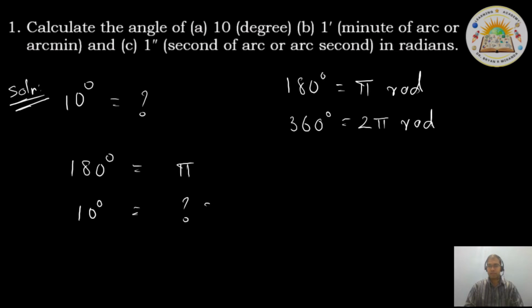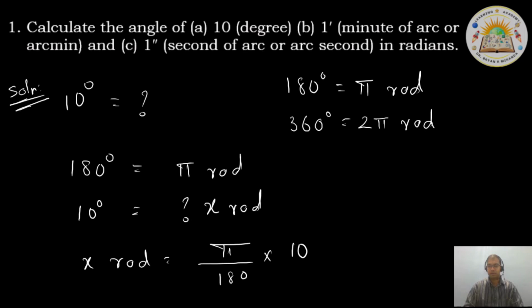If I take this as x radian, then x radian would be equal to pi by 180 into 10, which gives pi by 18. So 10 degrees is equal to pi by 18 radian. You can substitute the value of pi as 22 by 7 and calculate to the decimal place, or you can leave it like this.